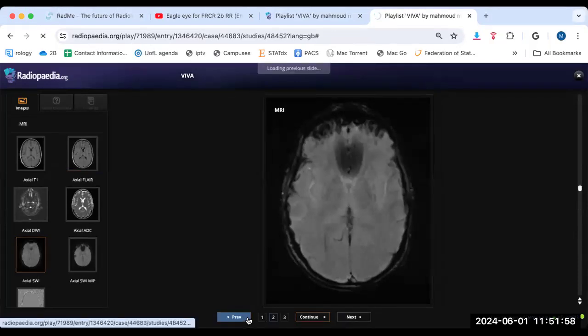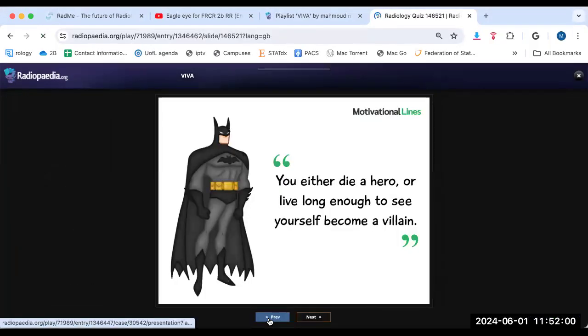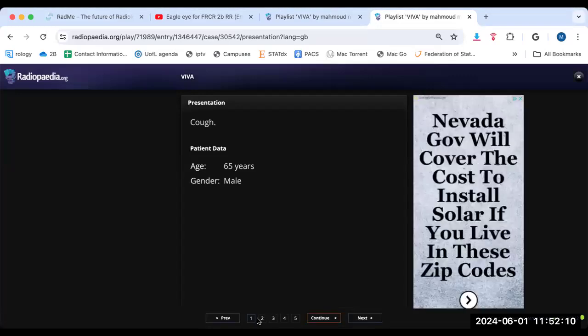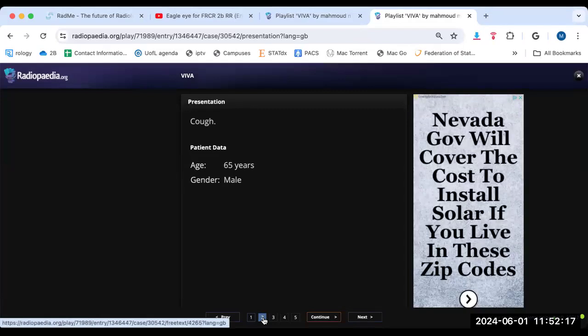Let's go to candidate 2 cases. I don't know why candidate 2 was going very fast in the images. You are not in a rush. We are not running after you. You should have your time because this is your time.